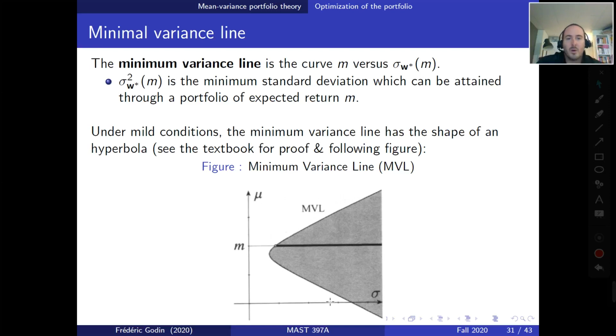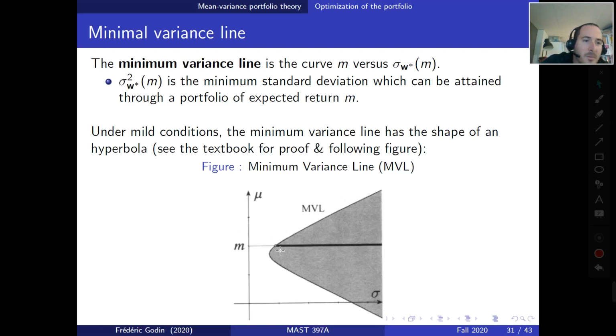Here, all other portfolios which are not optimal, their value falls somewhere within the gray region. So for a given value of M, let's say this value of M, this is the optimal portfolio. Across all portfolios who have an expected return of M, this is the standard deviation of the optimal one.